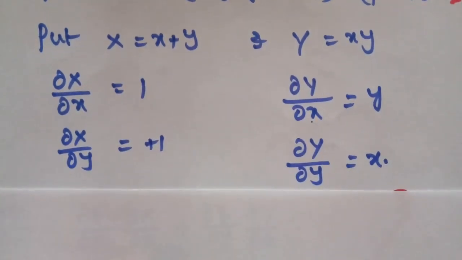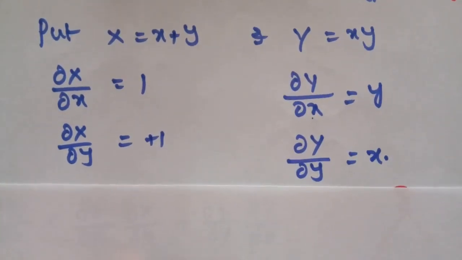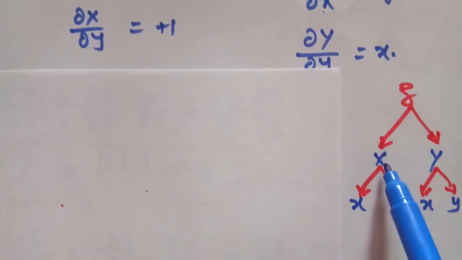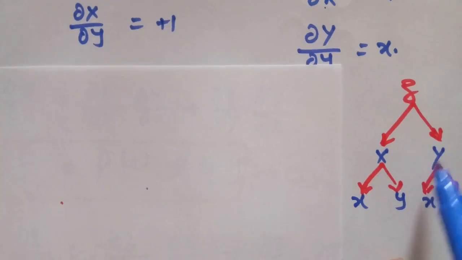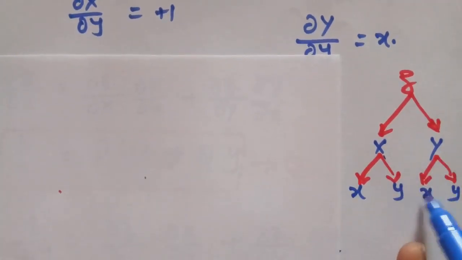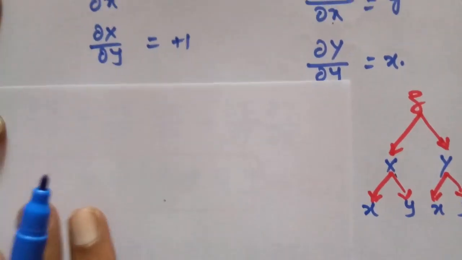So, now z is a function of capital X and capital Y, and capital X is a function of small x, small y, and capital Y is a function of small x, small y.